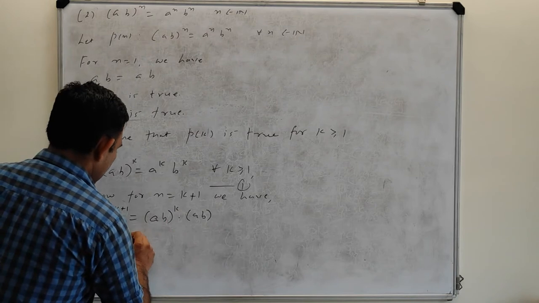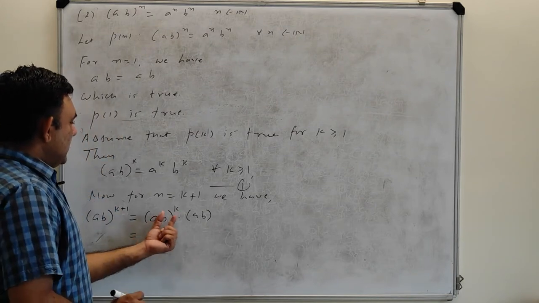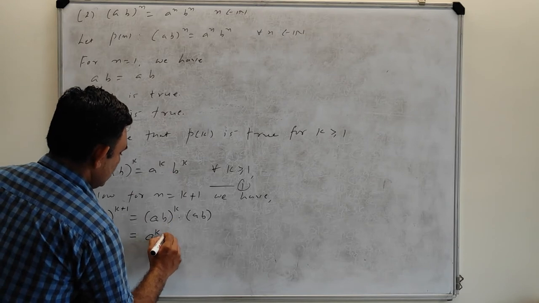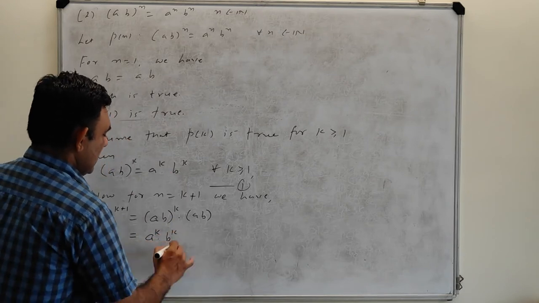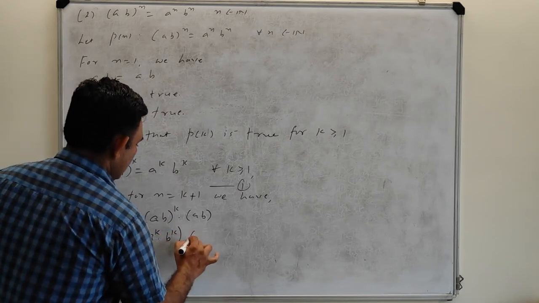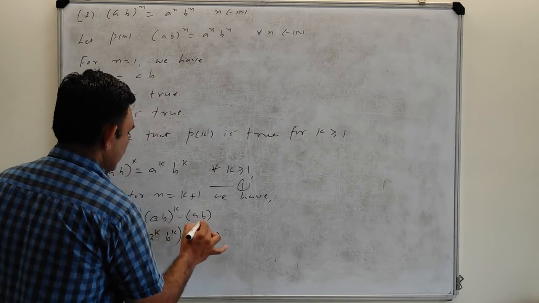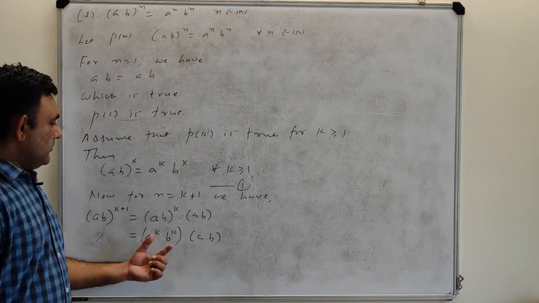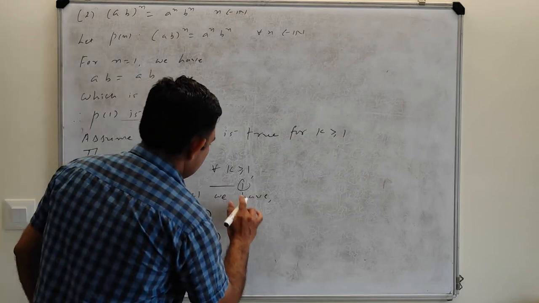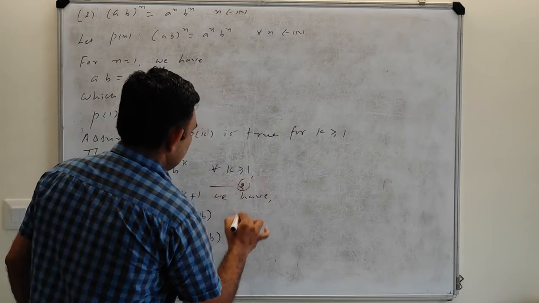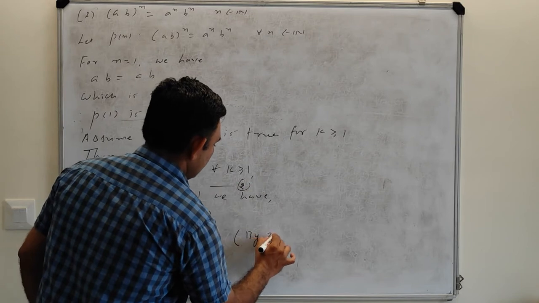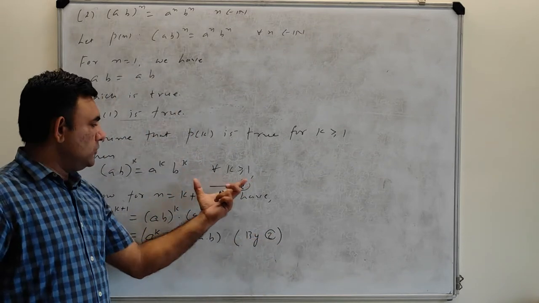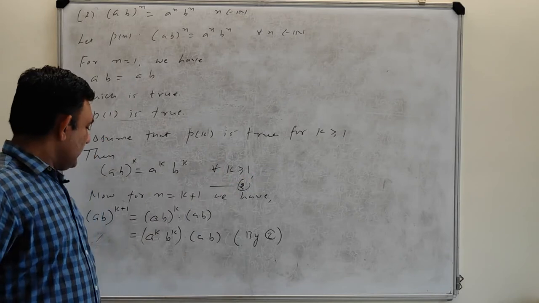Now AB raised to k is A raised to k, B raised to k. So it is A raised to k into B raised to k into AB. Because by, let me say this is 2, so by 2. In part 1 we have given equation 1, so I am using label 2.